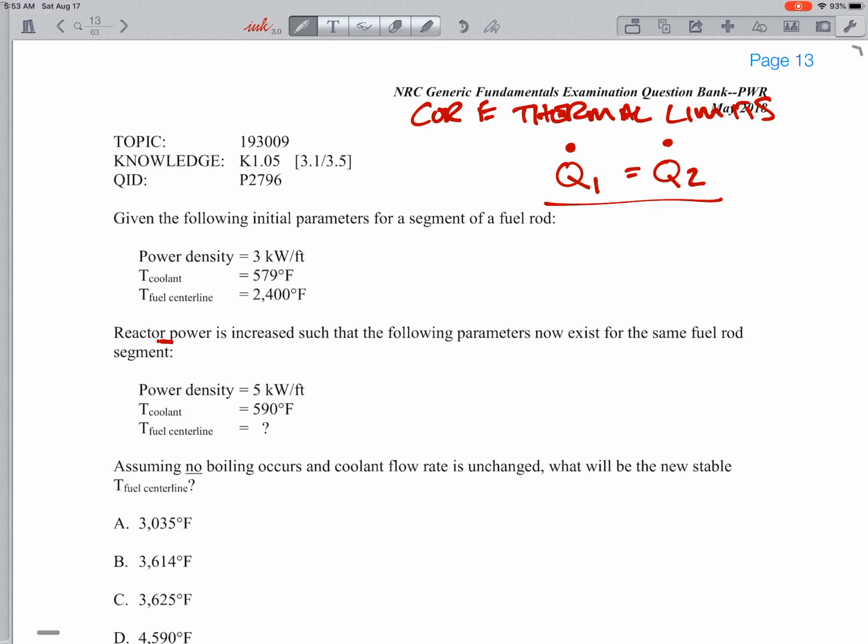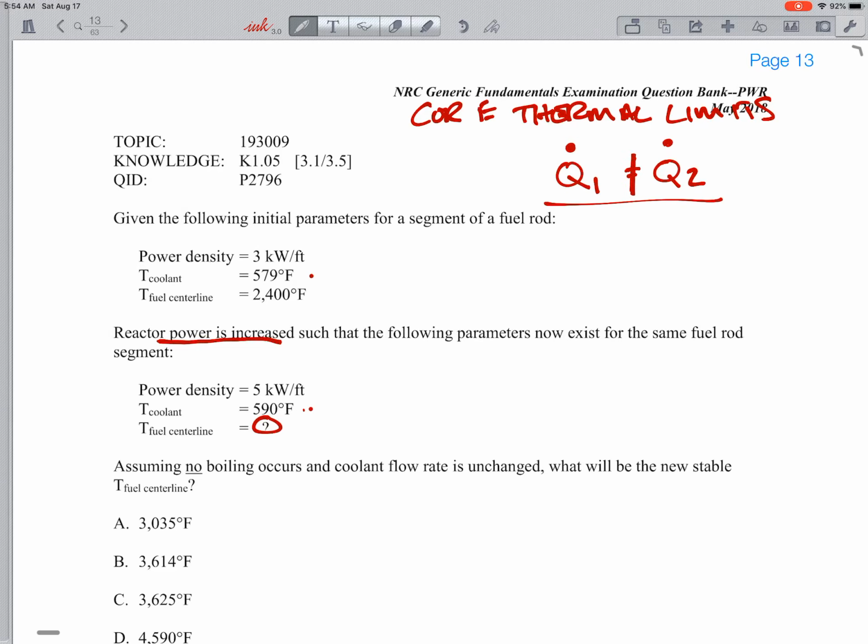And reactor power is increased such that the following parameters now exist. So now we've got a different coolant temperature, and we will have a different centerline temperature. So power density of 5 kilowatts, 590 degree coolant temperature. We're looking for the fuel centerline temperature. Assuming no boiling occurs and coolant flow rate is unchanged, what will be the new stable fuel centerline temperature?